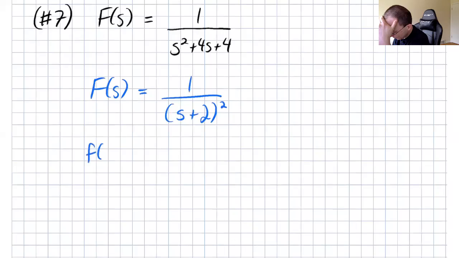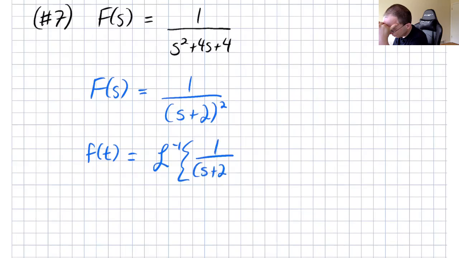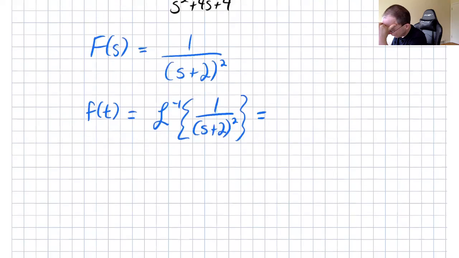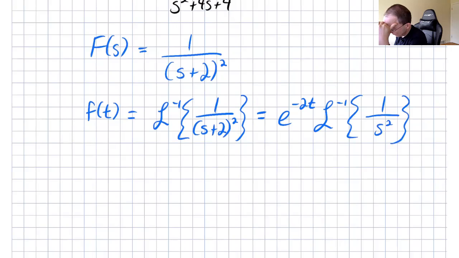So I'm going to write the inverse Laplace transform as lowercase f of t. So this will be the inverse Laplace transform of this F of s, which is 1 over s plus 2 squared. And then by the translation rule, we factor out an e to the minus 2t, and then we're left with the inverse Laplace transform of, so replace the s plus 2 with s everywhere, 1 over s squared.